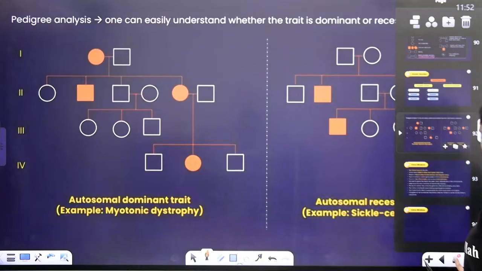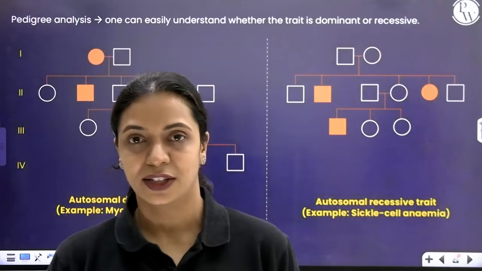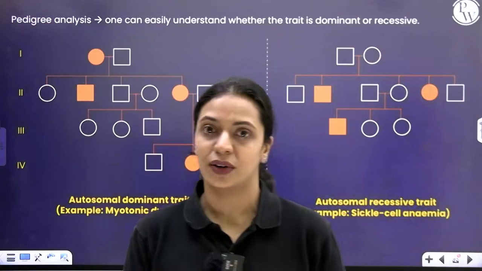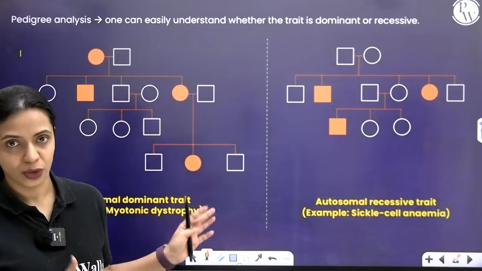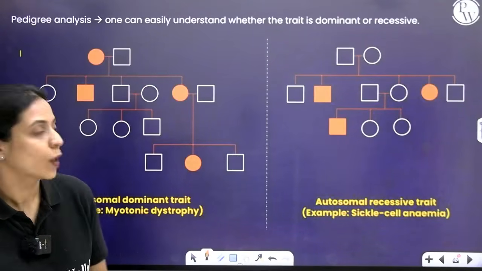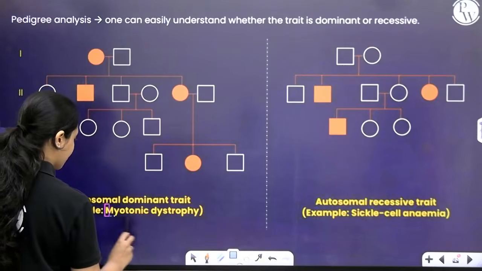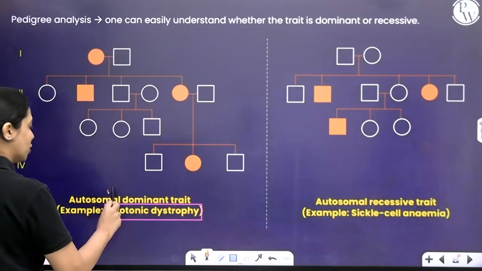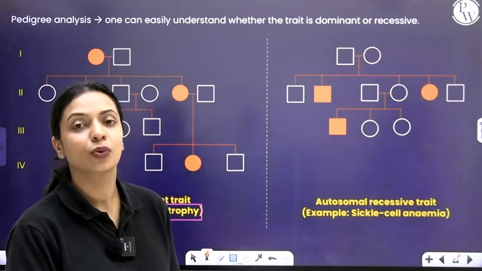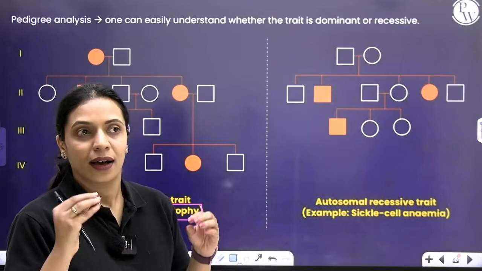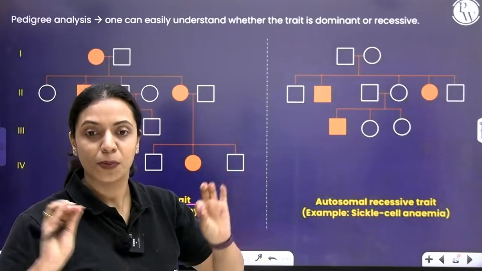pedigree analysis you can use to understand whether any disorder or any trait that you're studying is dominant or recessive. Usually to analyze Mendelian disorders, you can use the pedigree chart. Over here, an example is given of myotonic dystrophy. This is an autosomal dominant trait. Whenever there is an autosomal dominant trait, unless the parents are affected, the offspring will not be affected.